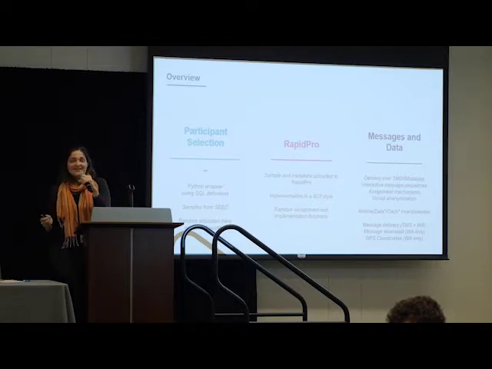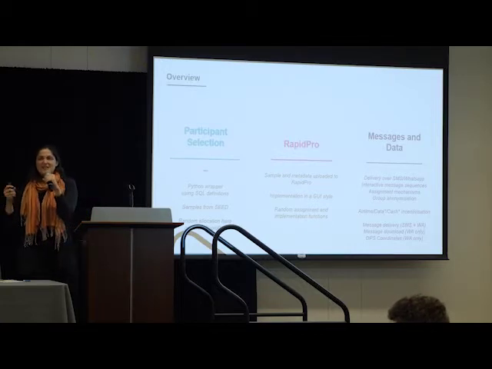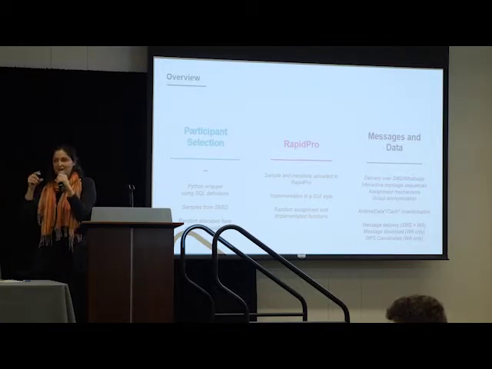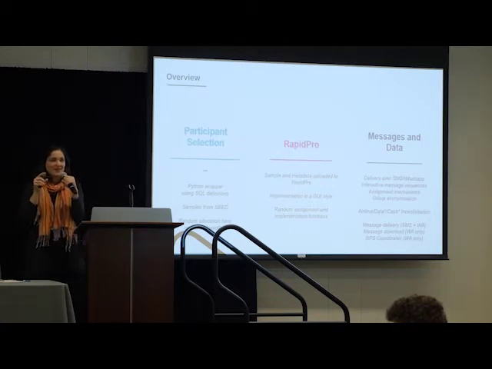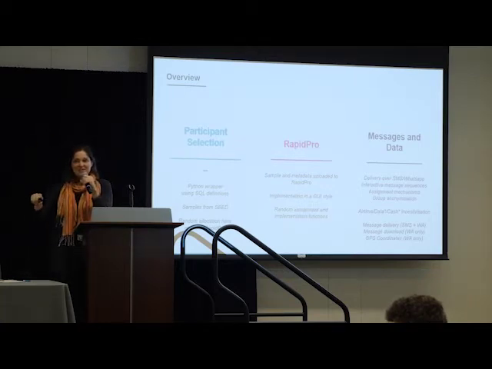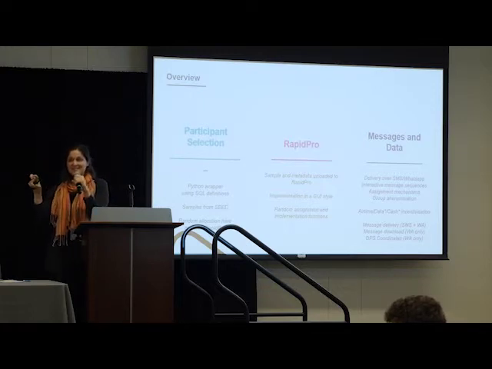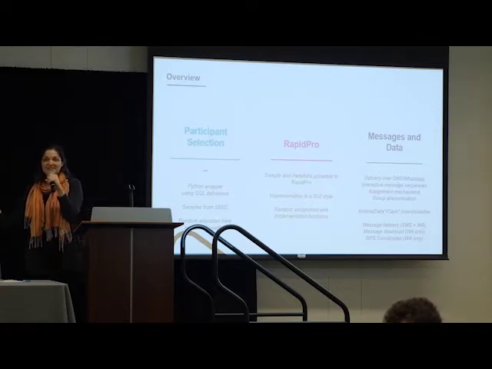Sorry, this is a lot of gobbledygook of all of the technical components, but I want to give you a sense of how you have this whole messaging system and it sounds quite simple, and in some sense it is compared to going out into the field and collecting data.